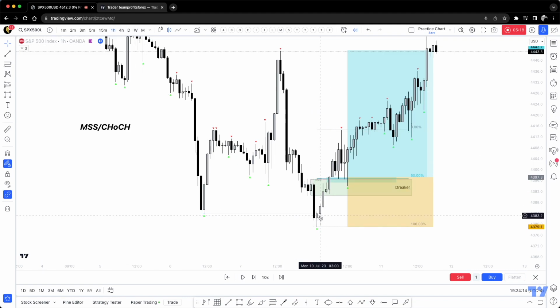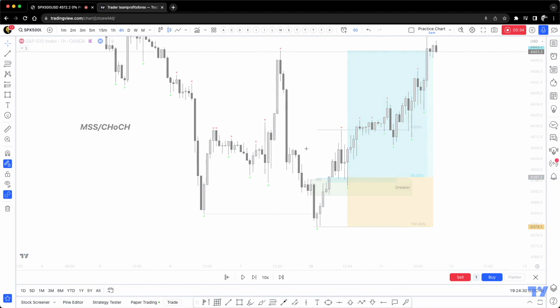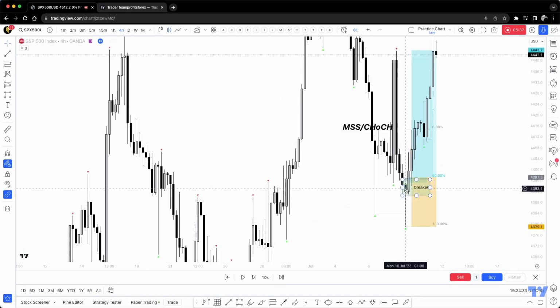So it literally took, after the break, one, two, three, four, five hours later, you realize, oh, this thing doesn't want to go down. Five hours later, on the 1 hour time frame. On a 4 hour time frame, you realize that this 4 hour candle failed to displace below this low.